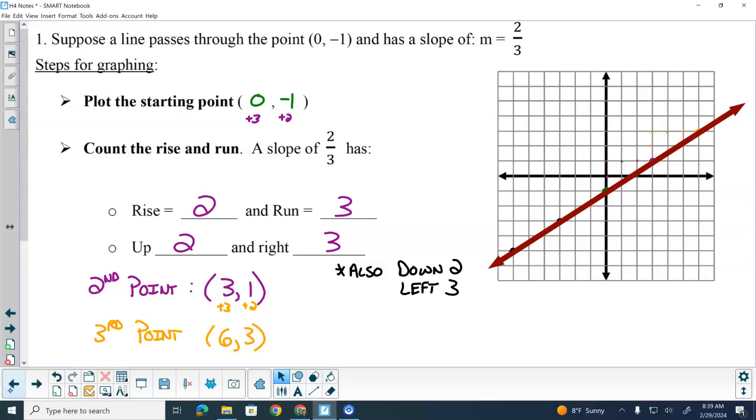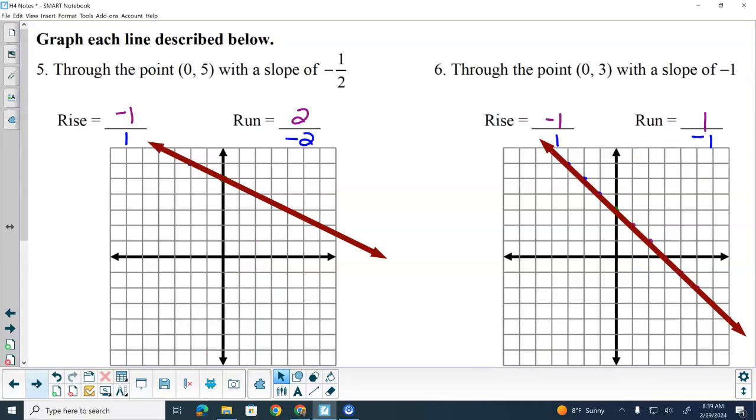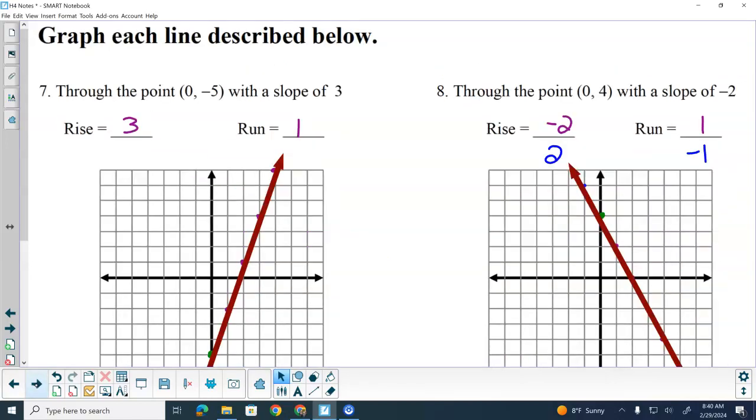What do you got, Floyd? Nope. We're just looking at through the point, and we're looking at that first starting point. 0, comma, negative 1. 0, comma, negative 1. 0, comma, negative 5. 0, comma, 1. 0, comma, negative 5. 0, comma, 3. 0, comma, negative 5. 0, comma, 4.